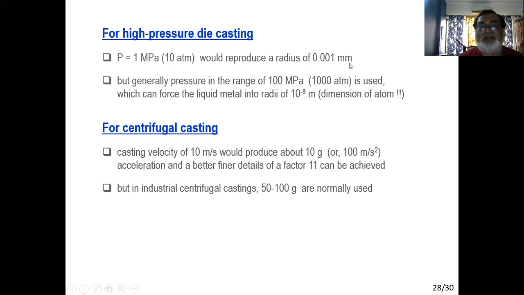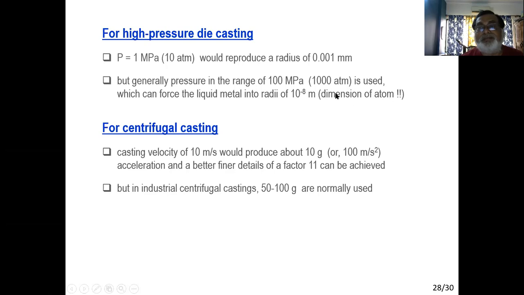We can calculate it using the previous formula. But generally, for high pressure die casting, 100 megapascal is used. One is required, but practically 100 is used. If we enter this 100 megapascal into our formula, the radius of the section becomes 10 to the power minus 8, which is the size of the radius of an atom.